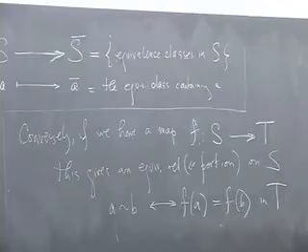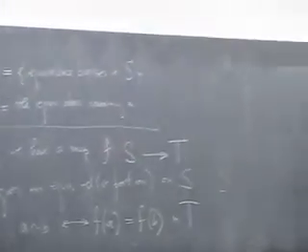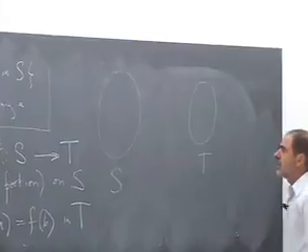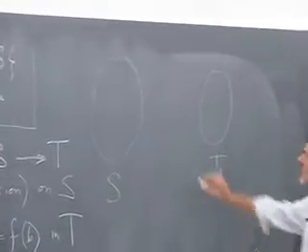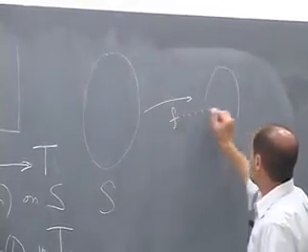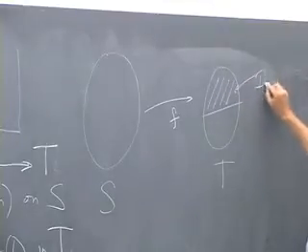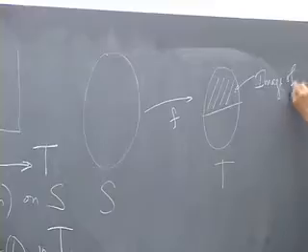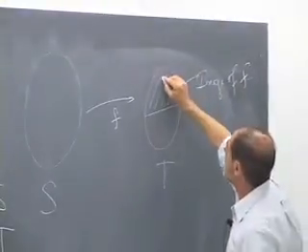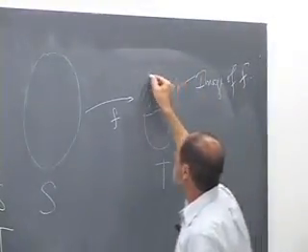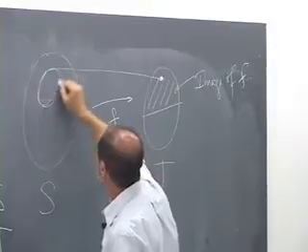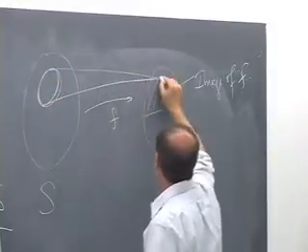And so you might look at it this way. Here's S. Here's the set T. Now, the map may not be surjective. Let's suppose that the image of it is this part of T. For every element in that image, you look back and you see all the things in S that map to it.